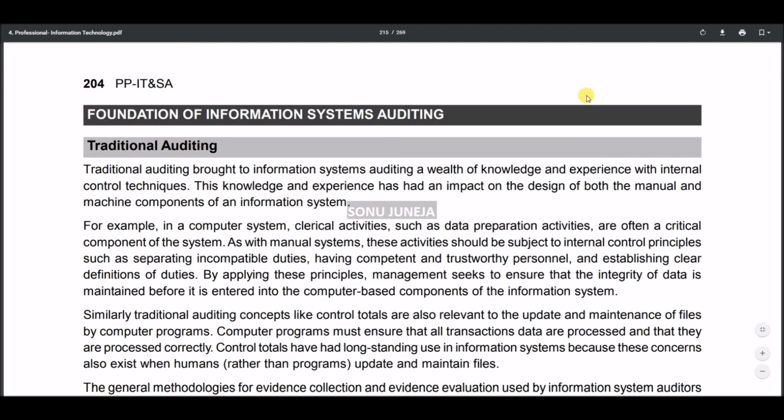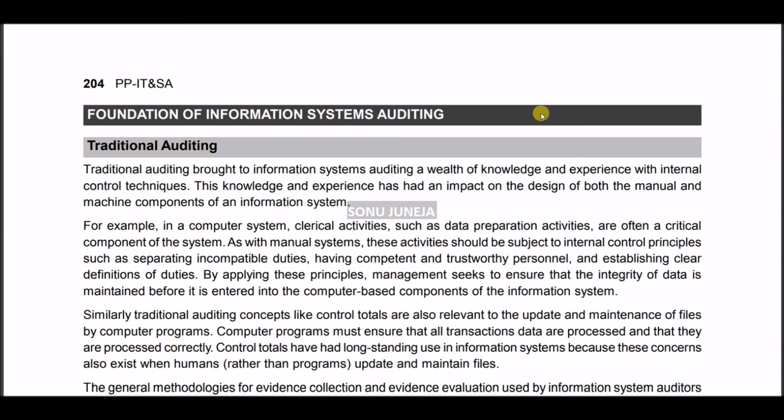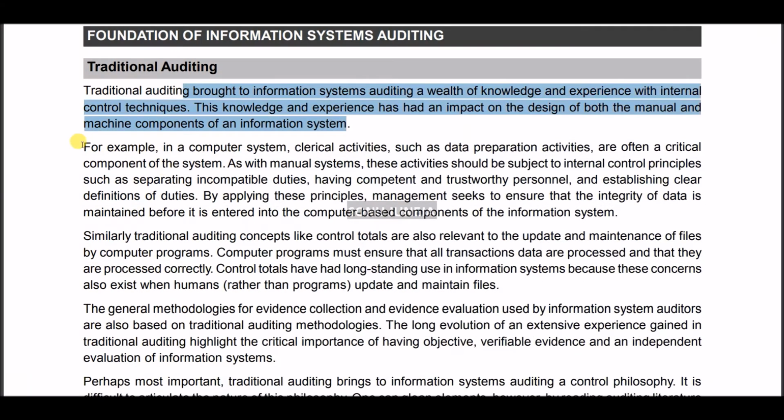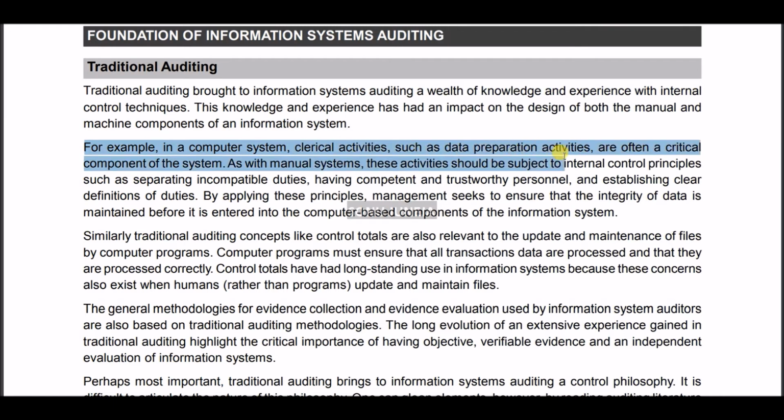Now with respect to the foundation of system audit, traditional auditing brought into information system auditing a wealth of knowledge and experience with internal control techniques. This knowledge and experience has an impact on the design of both manual and machine components of information systems. For example, in a computer system, critical activities such as data preparation are often critical components of the system.